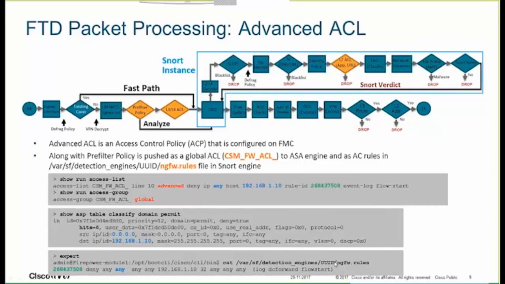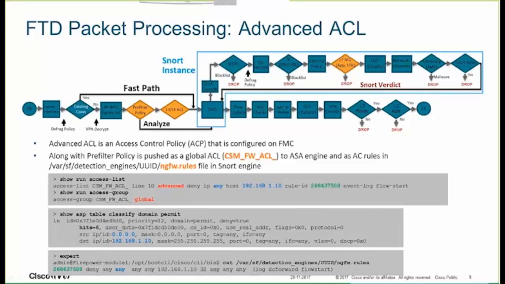We generally have only one UUID associated, and it can be any random value, as long as Snort is not reloaded. Whenever Snort comes up, we associate it with one specific UUID, and within that directory we have something called NGFW rules.